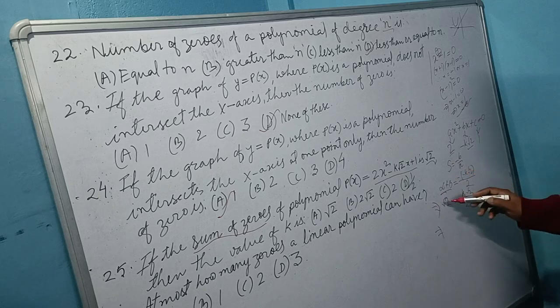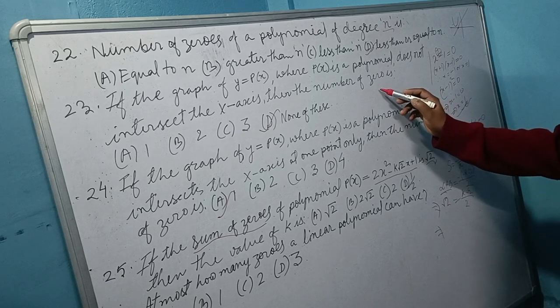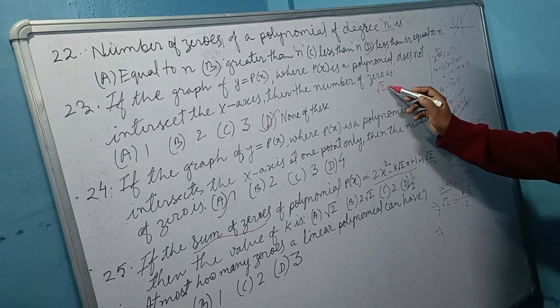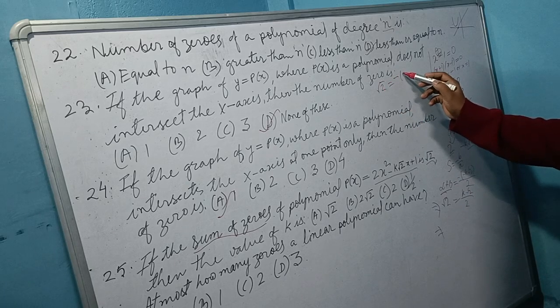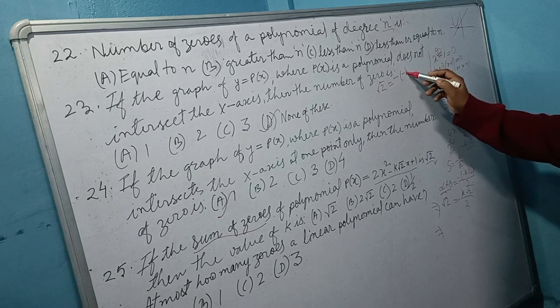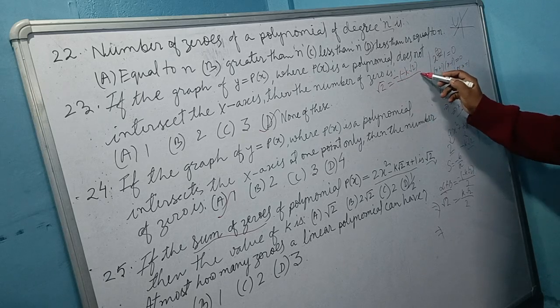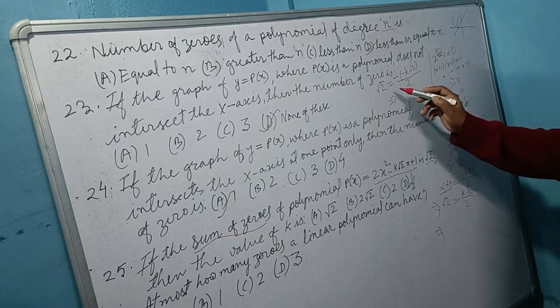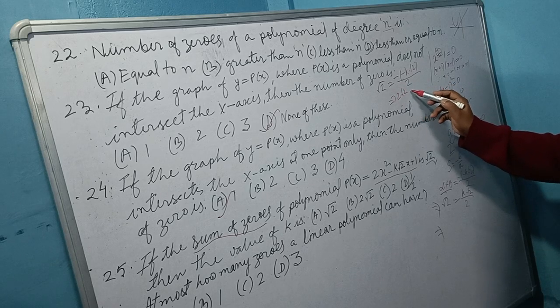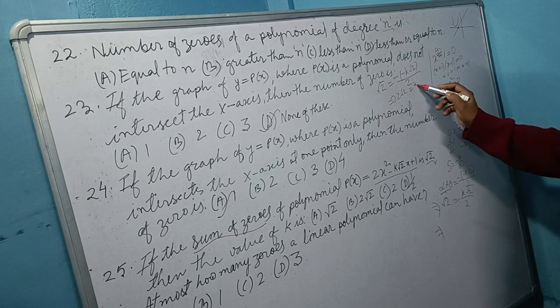Alpha plus beta is given here root 2, and minus b is minus k root 2, and a is 2 here. Cross multiplying, you will get 2 root 2, and here minus minus plus, you will get k root 2.